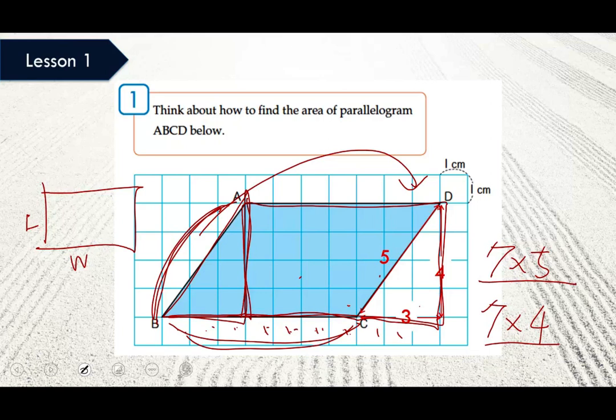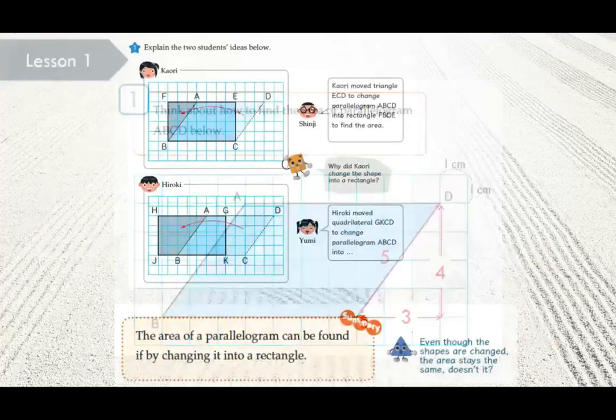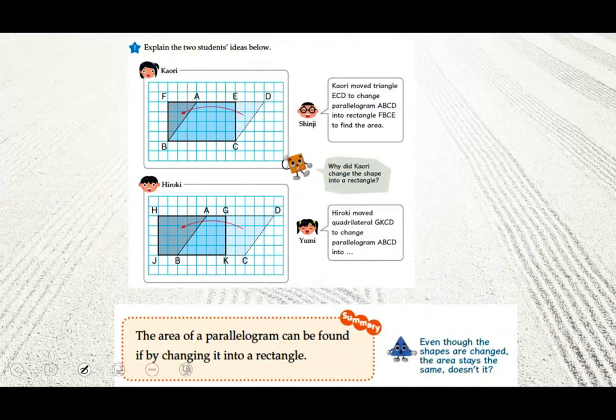Again, developing viable arguments and critiquing others. That's the kind of discussion we want students to have. And the ideal way is you can cut and move this piece to make a rectangle. So the area of parallelogram can be found by changing it into a rectangle. That's the idea.